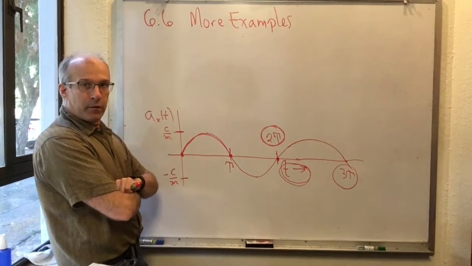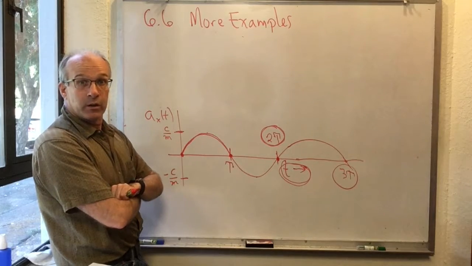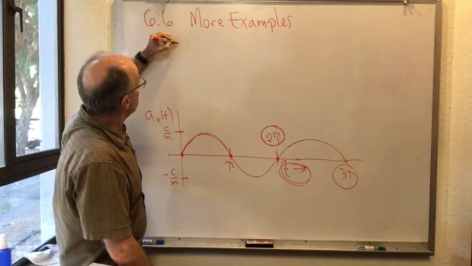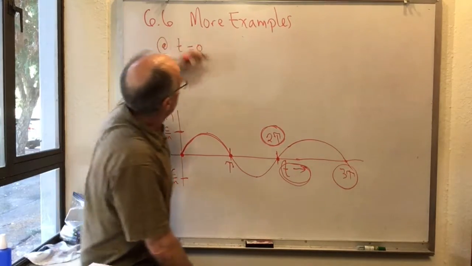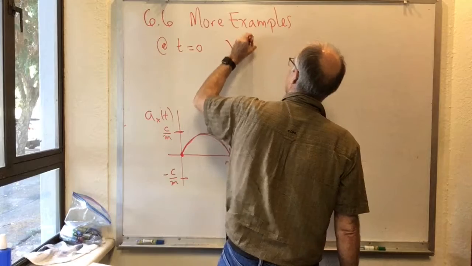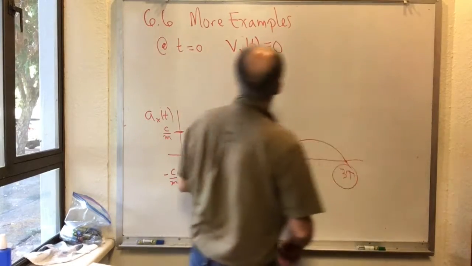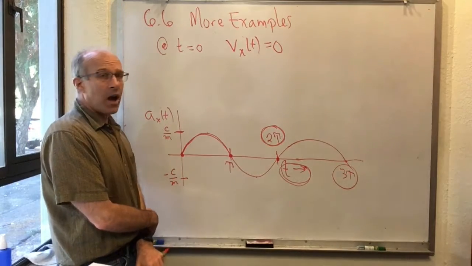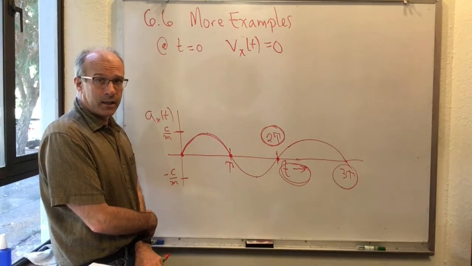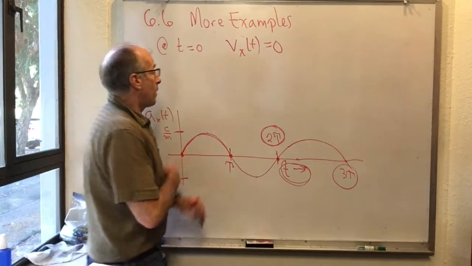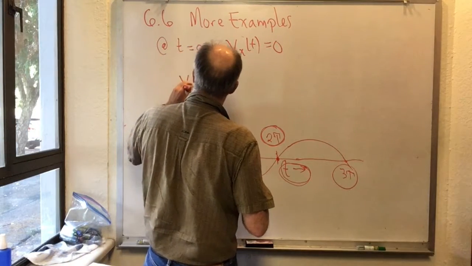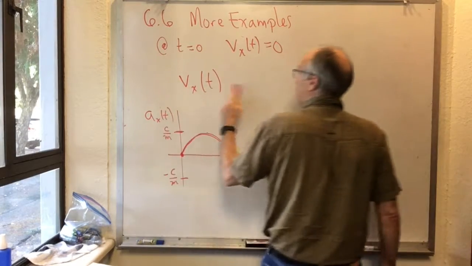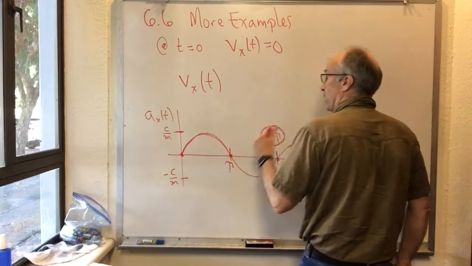Let's add a little bit more information to this problem so that we can compute a little more. Let's assume that at t equals 0, Vx is 0. Nice simple situation. I'm going to start off with 0 velocity. Well, that means that you can find Vx at any later time t by using that area under the curve business.